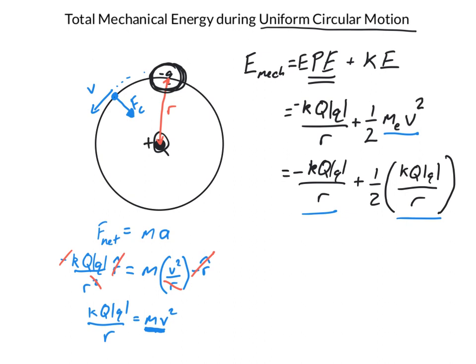When you add a half and subtract a whole, you end up with negative 1/2. So the total mechanical energy is going to be equal to negative 1/2 of the magnitude of your potential energy.